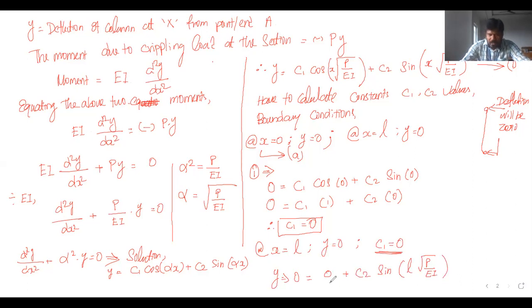Now the equation we can simplify as 0 is equal to C2 into sine L into root under P by EI. While solving this, C2 we could take as 0, but we cannot take sine L into root under P by EI equal to 0.